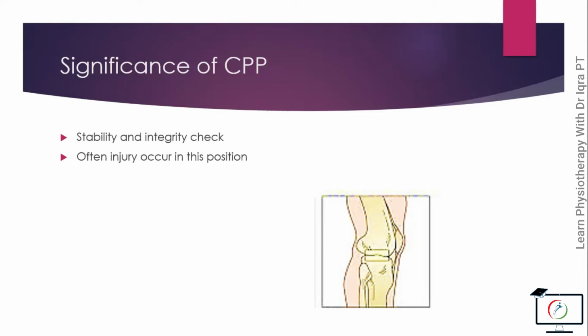For example, the knee's closed back position is extension. So, if a person gets a blow on an extended knee from the lateral side, he will get an injury, and the swollen joint cannot be moved into a closed back position.